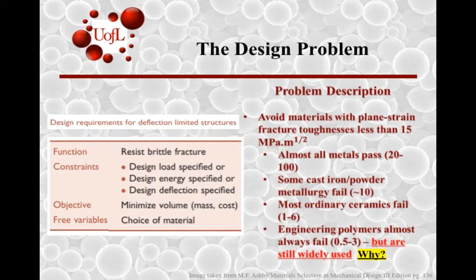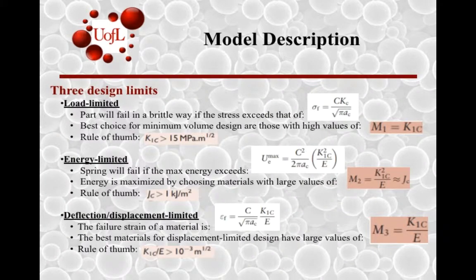But the thing with this case study is, why do we still use polymers even if they fail in this particular constraint? What I'm going to be talking about is that it's not just the load specified limitations that we look at. We also look at energy specified and then deflection specified. So this is going over all three design limits.